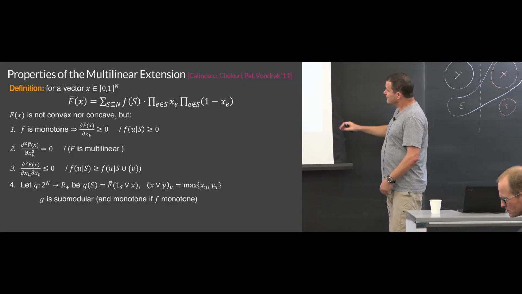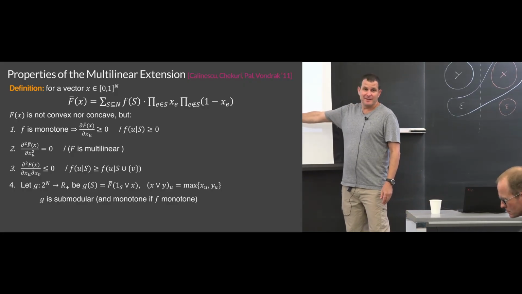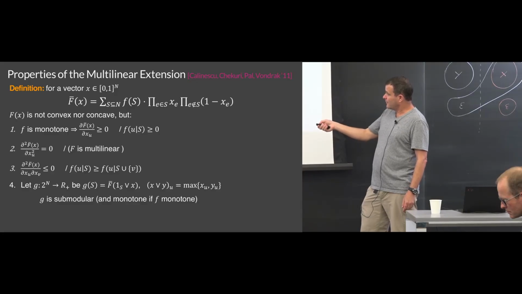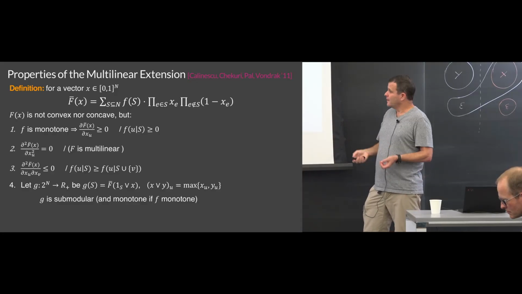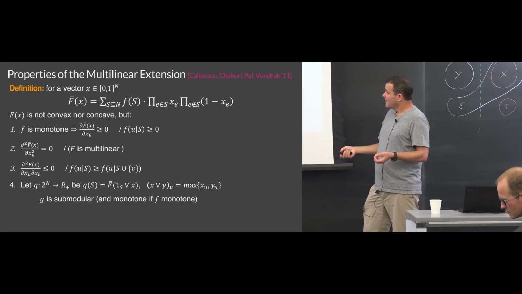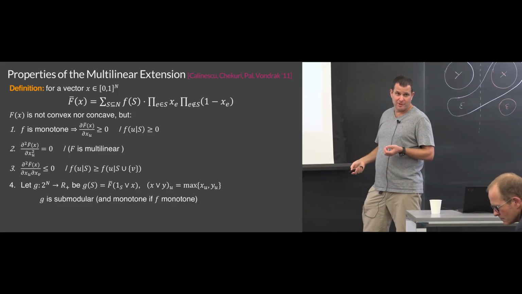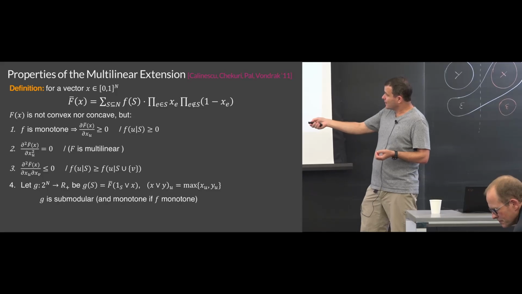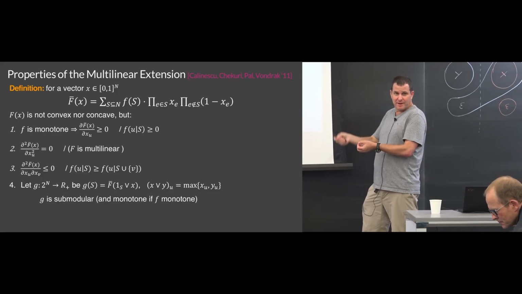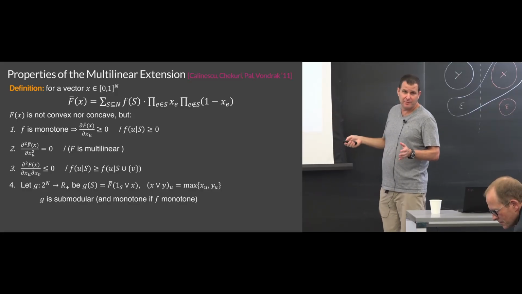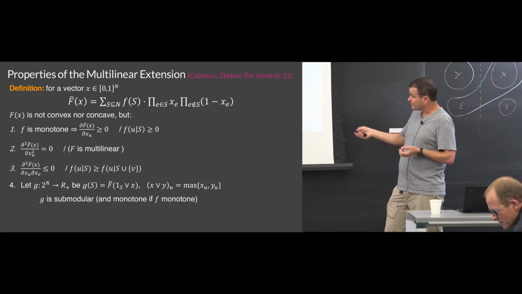And the only property that you really need for this talk is the following. Suppose you already have fractions x, then you can define a subset function that I will call g of S, where you just force the coordinates of S to be 1, and you leave the other coordinates as x. So this is the max of x_u and y_u.